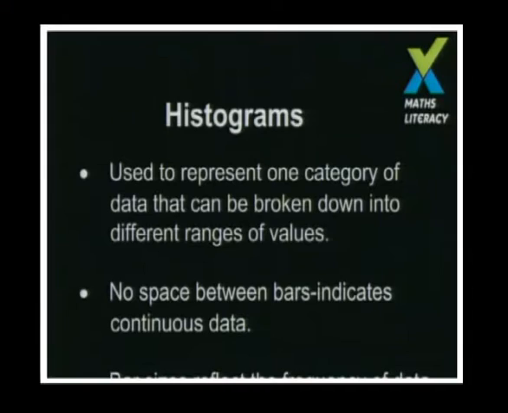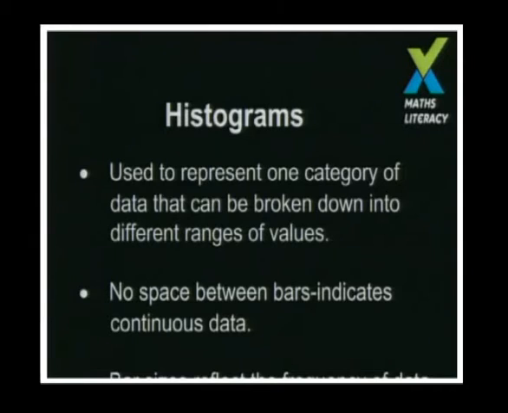Then there are the histograms, and often the bar charts and the histograms are the ones that are easily confused, especially when one is asked to draw these charts. The histogram is used to represent one category of data that can be broken down into different ranges of values. And this is important to realize. In the bar chart, we had different categories.